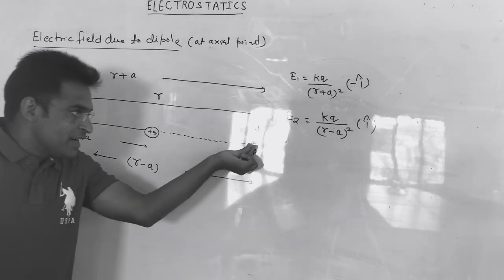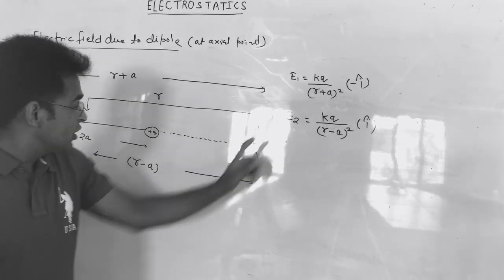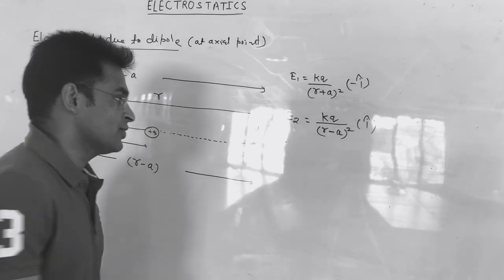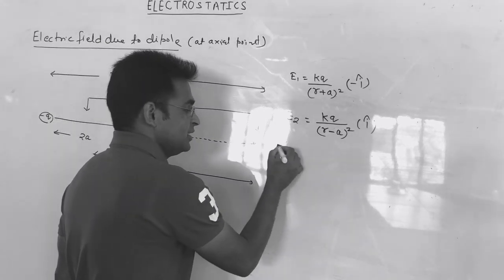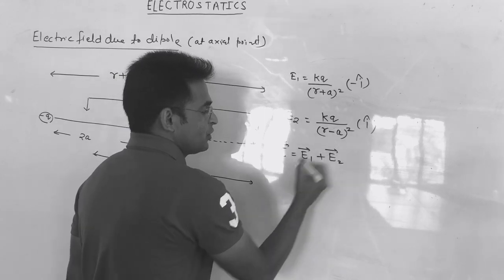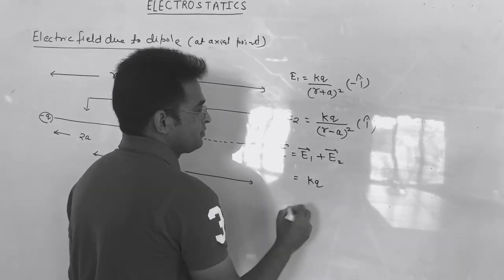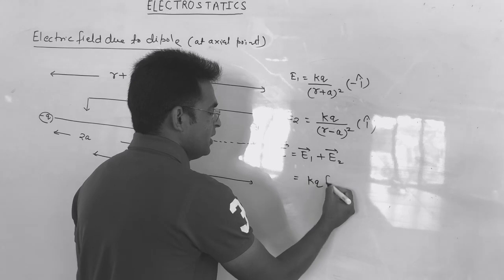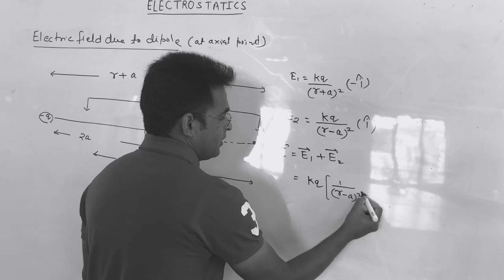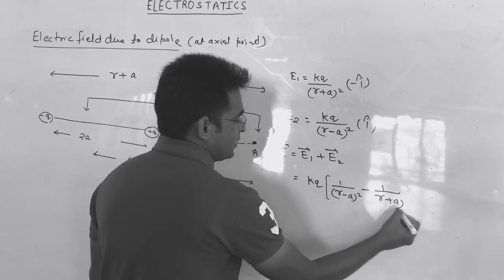Now to find the net electric field at point A, E1 is the field due to the minus Q charge and E2 is the field due to the plus Q charge, so I'll add these two: vector E is equal to vector E1 plus vector E2. Taking KQ common, I get 1 by (R minus A) square minus 1 by (R plus A) square.